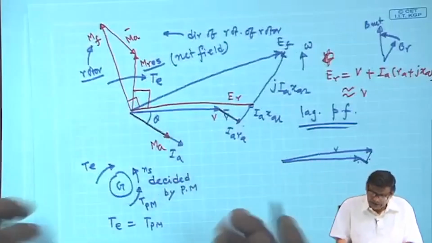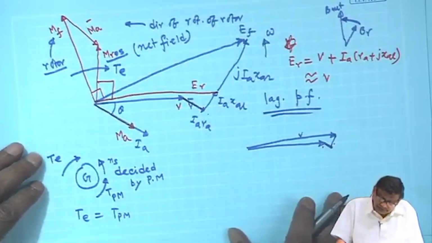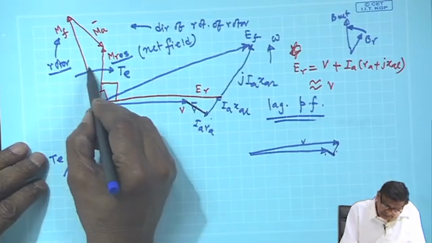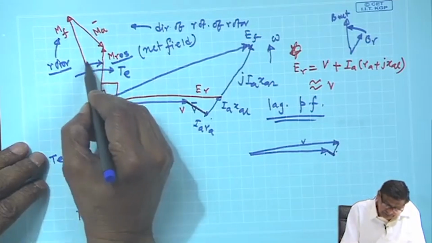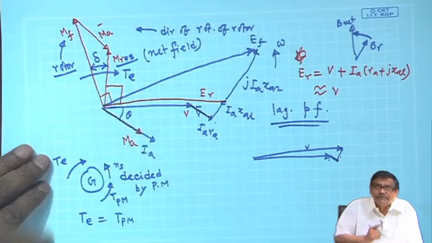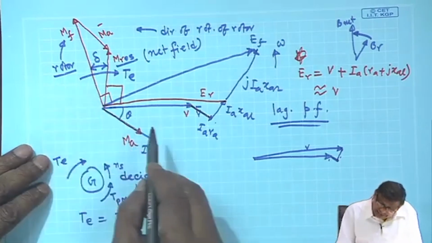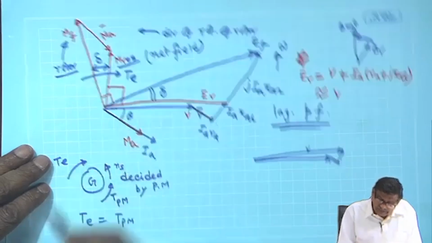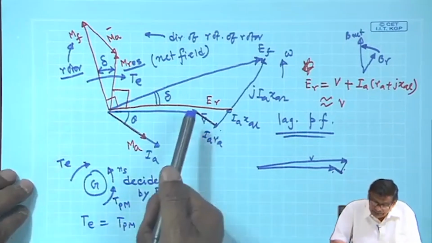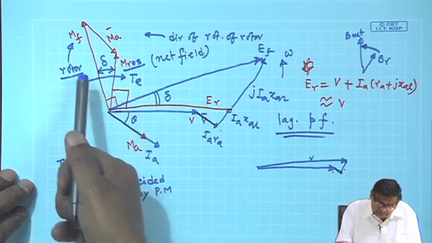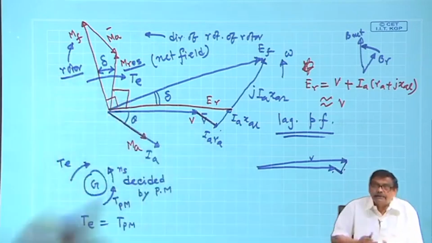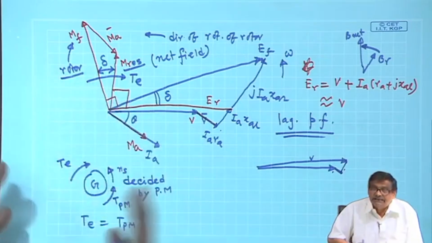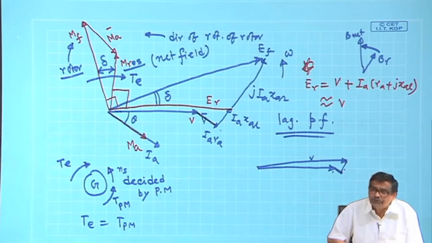Also note that the angle between this and this is very important. It is called delta, and this angle will be the same as this angle. So, delta is the angle between the rotor field and the resultant field, because that angle decides how much torque is produced.